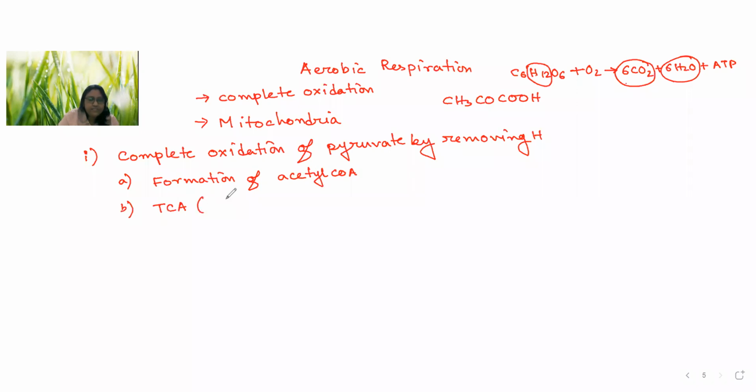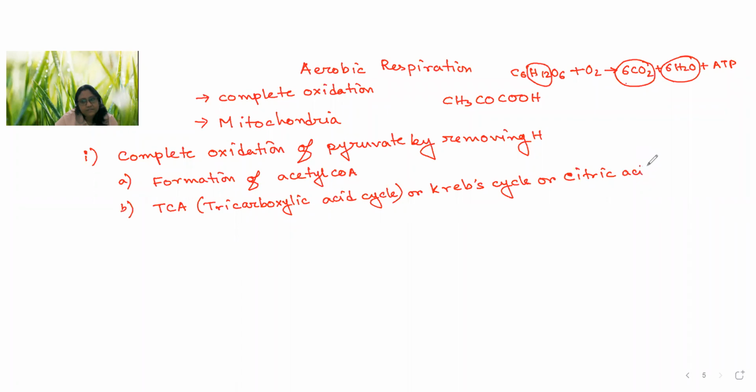The full form of TCA is tricarboxylic acid cycle, or it is known as Krebs cycle, named on the discoverer Hans Krebs, or it is also known as citric acid cycle.